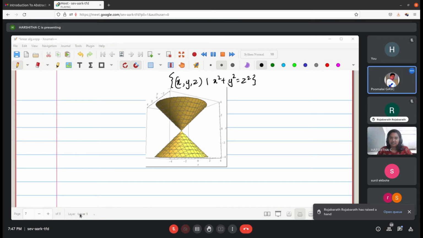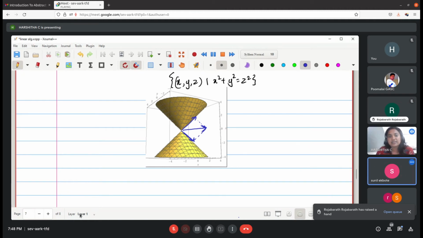Yeah. So what he's saying is, you look at the surface. This is like two cones, infinite cones. You take some vector here, this lies on the surface. You take some other vector here, this also is lying on the surface. But when you take the sum, by the parallelogram law, it is going outside the surface.